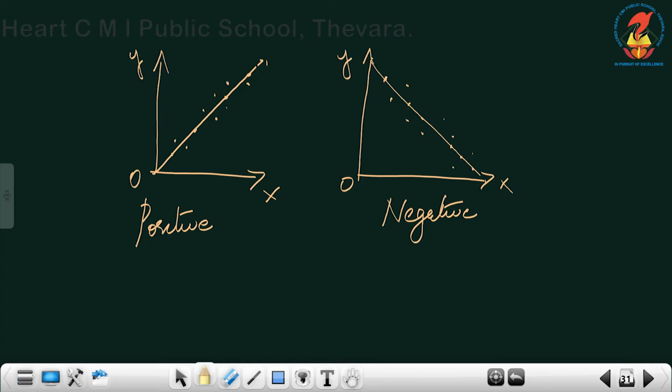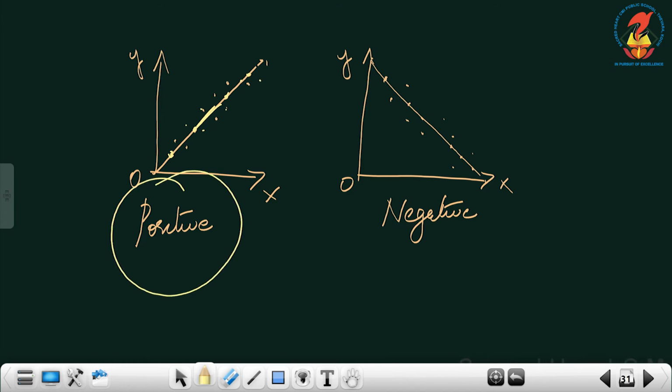So that is what is depicted here. It is an upward sloping curve. Here you can find both are moving in the same direction, but here the distance is less, here the distance is more, and some dots are spread here and there, isn't it? That means it is not perfect. That kind of correlation is known as positive correlation.